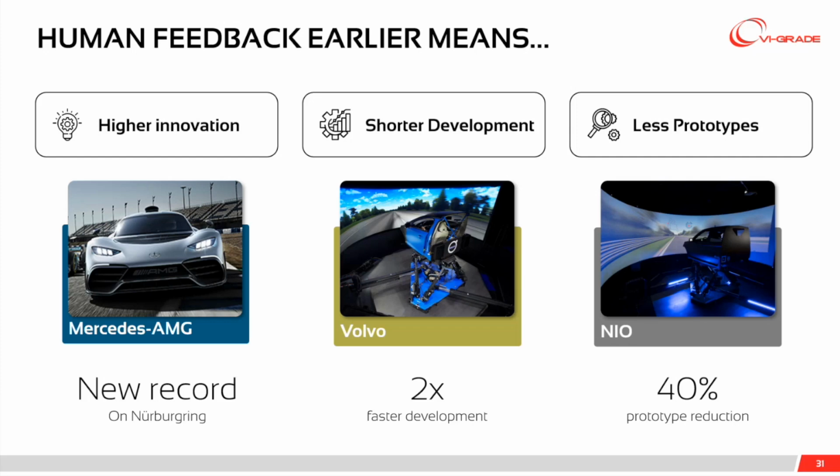Because humans have been driving this, experienced test drivers have been driving this, and they realize very quickly if there's something wrong with your digital twin. So in other words, look out for the digital twin models which are used in driving simulators and use them for your continuous testing and continuous integration process.